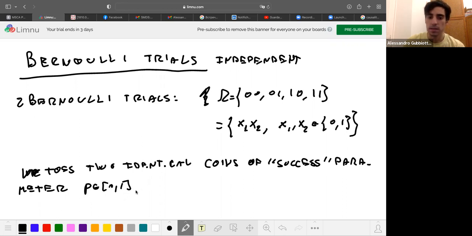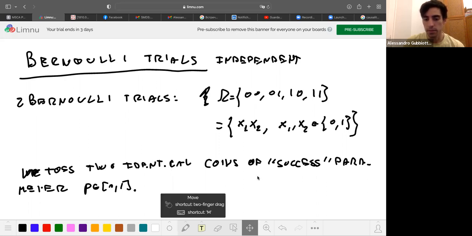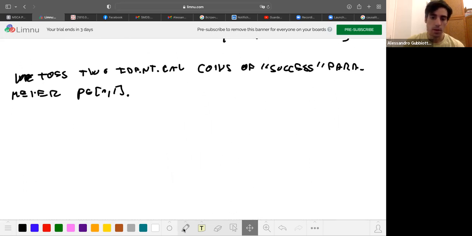What does success parameter mean? It's the probability of having heads. In the language of coins, heads is a success and tails is a failure.